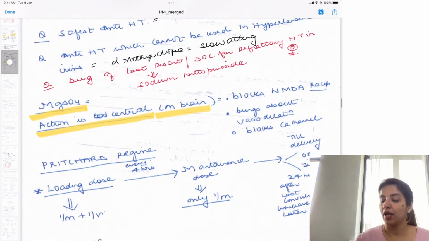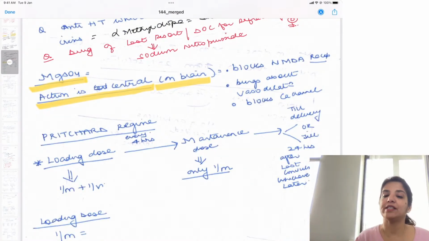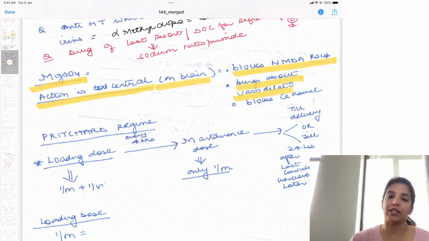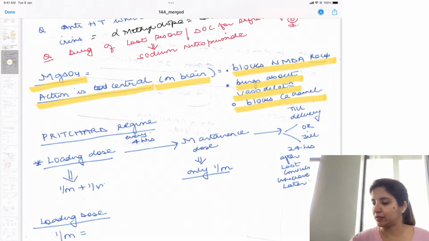Okay. Now, magnesium sulfate acts on the brain. It is a centrally acting drug. It blocks NMDA receptors in the brain. It brings about vasodilatation and it blocks calcium channels.